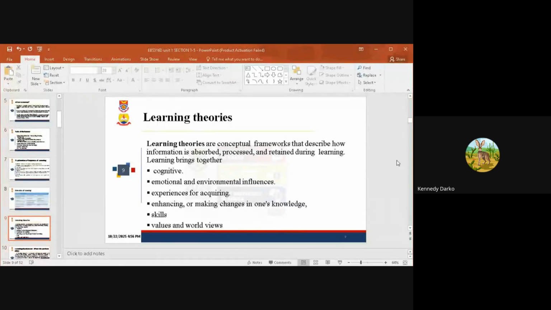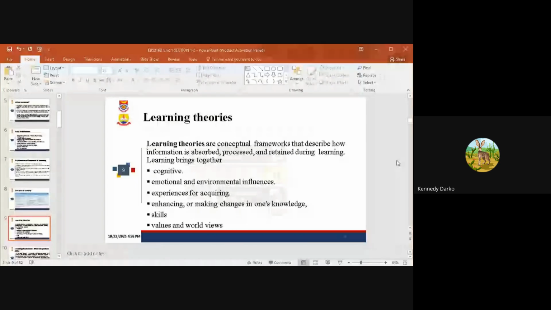So when you are teaching, that environment influences the children's behavior. Anytime we are teaching, we need to consider all these things and put them together. Then we can also talk about experiences for acquiring it. What experience have you gotten that you relate to the new concept for you to acquire the knowledge you are looking for?